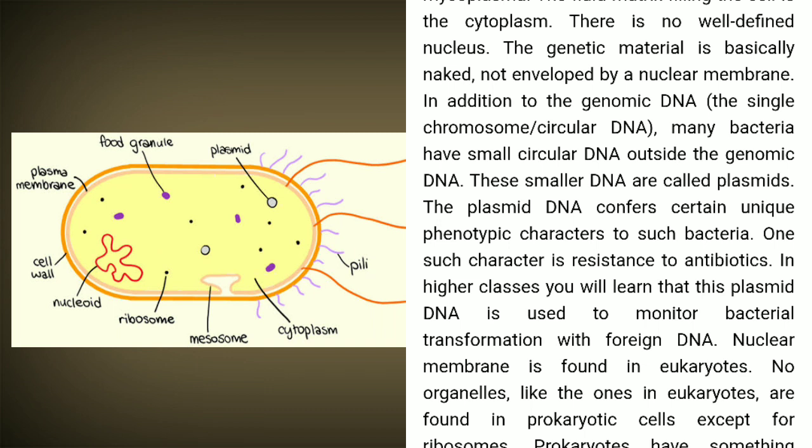This nucleoid is the compactly coiled DNA, which is the genetic material of the bacteria, and it is surrounded by the cytoplasm from all sides. Here the DNA is present in a compactly coiled structure, and that particular region is called the nucleoid.